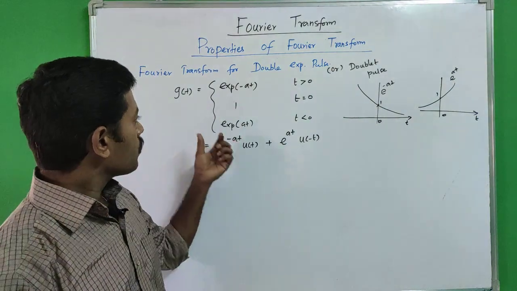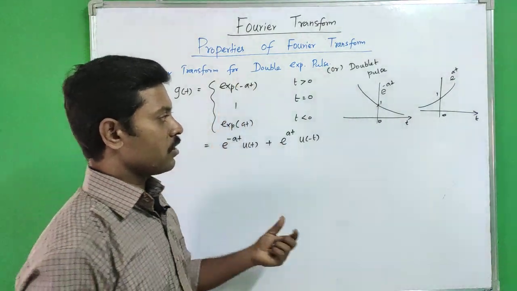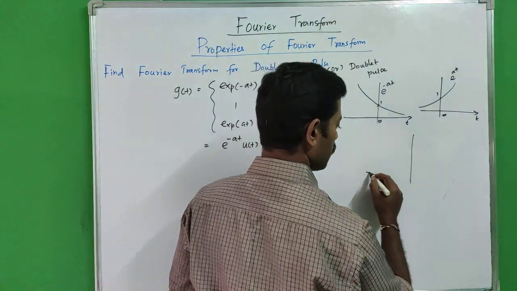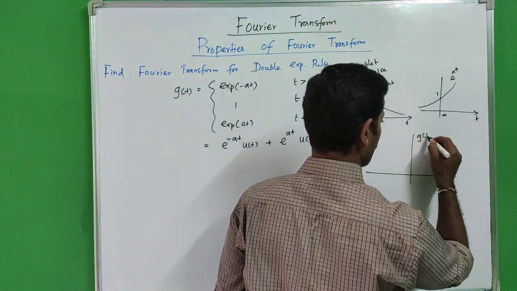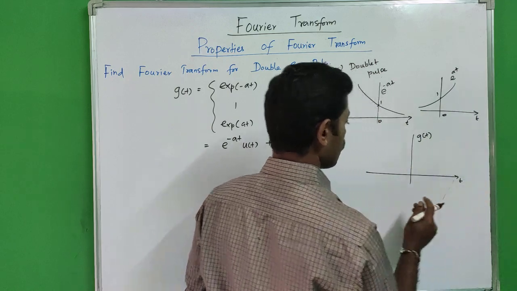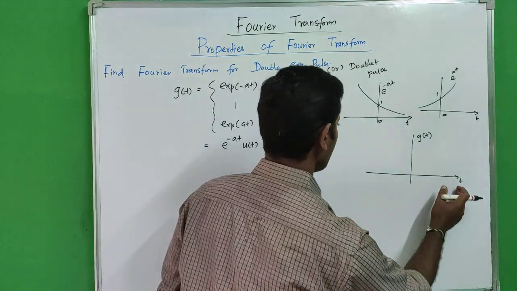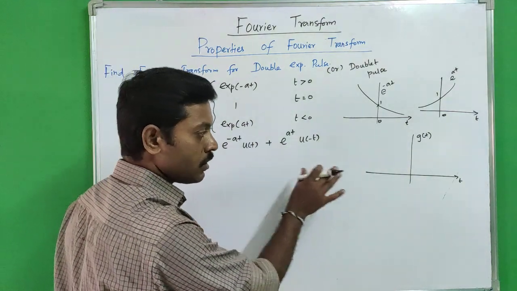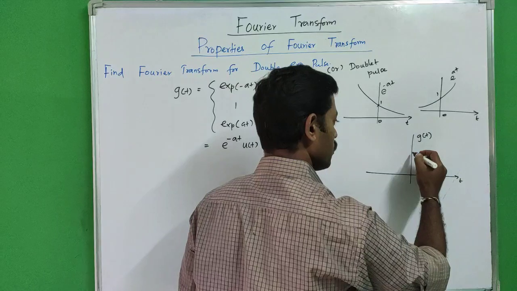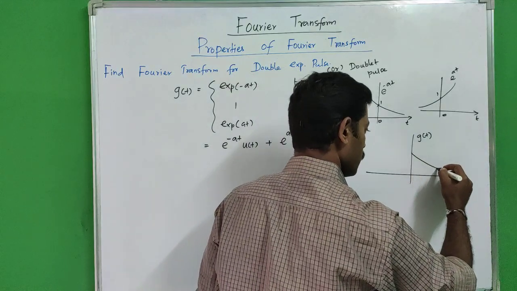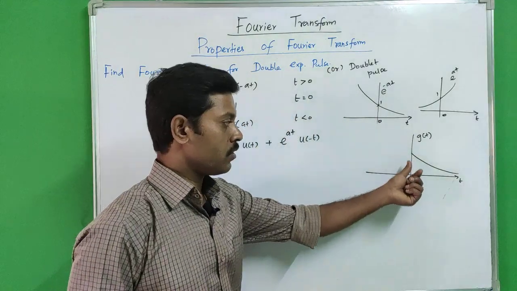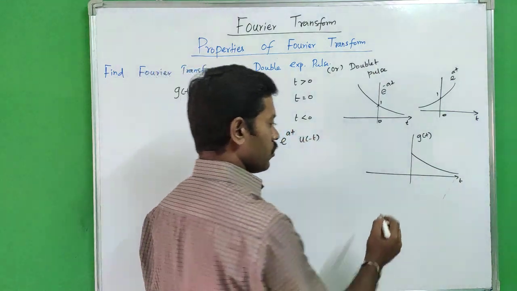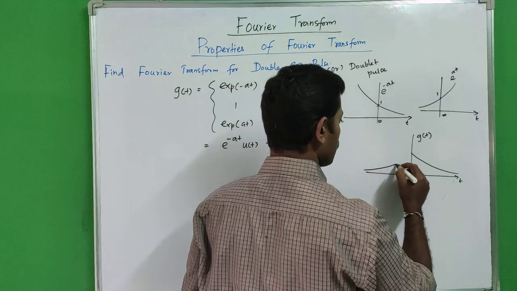Now I am going to draw the double exponential pulse by adding these two signals. So this is g of t. When t greater than 0, we have an exponential decaying pulse, so like this it will come. When t less than 0, we have an exponential rising pulse.